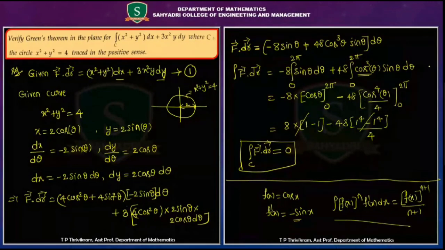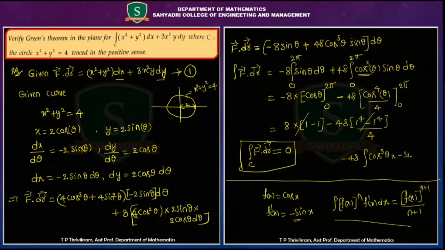So plus sin theta, I have taken it like this. Minus 48 integral cos cube theta into minus sin theta, because f dash of x here is minus sin theta d theta. Clear? So if you apply this integral, you will get this much.